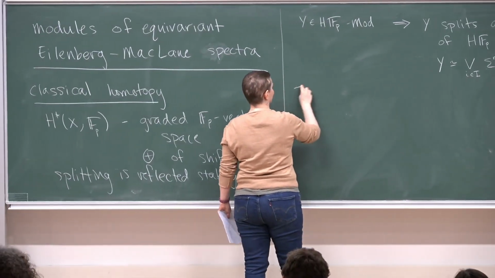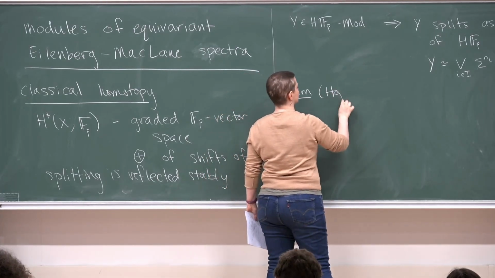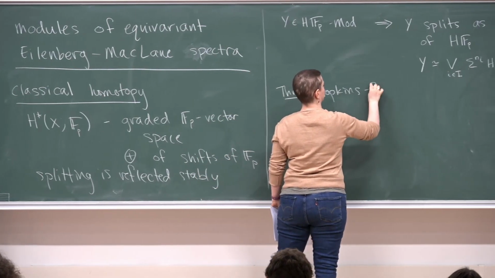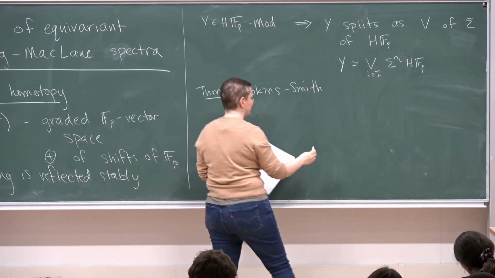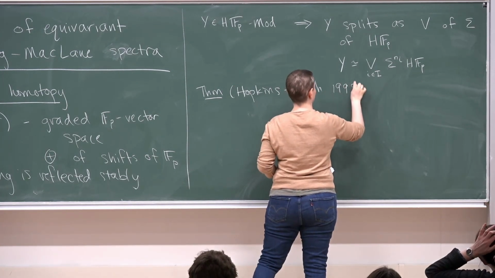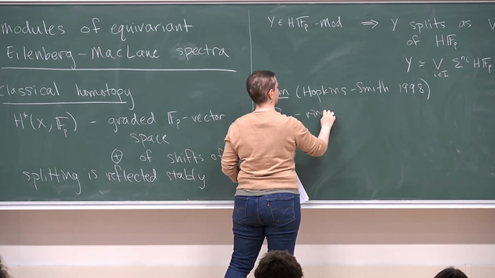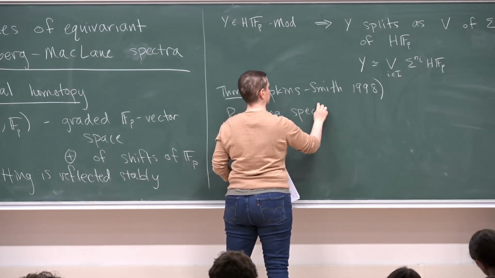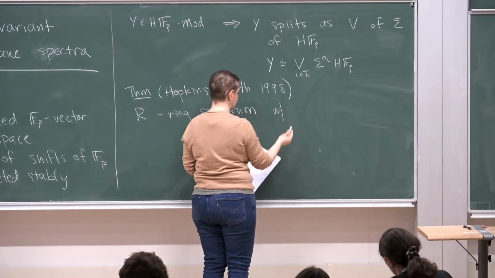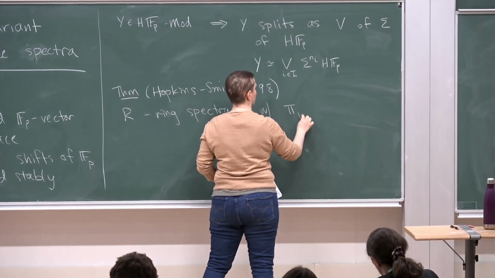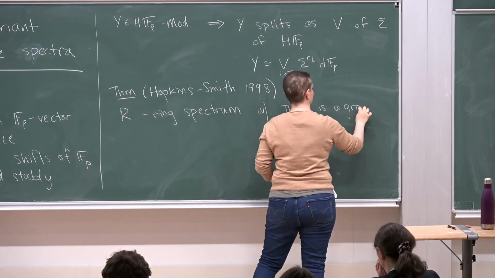Okay, and in fact, there's a more general phenomenon. It's a theorem of Hopkins and Smith. See, I wrote down the date, I think from 1998, that if you have some ring spectrum, well, you're always going to have this nice situation when the homotopy groups of your ring spectrum are a graded field.